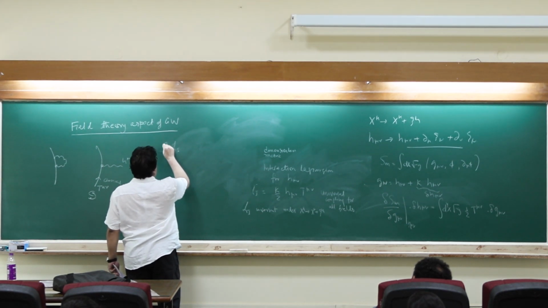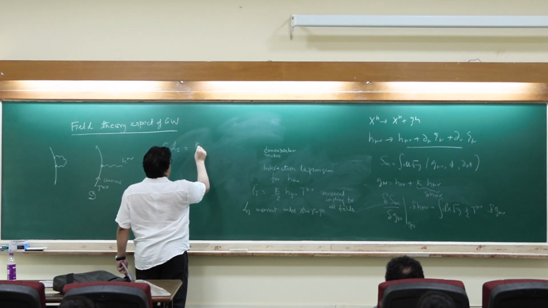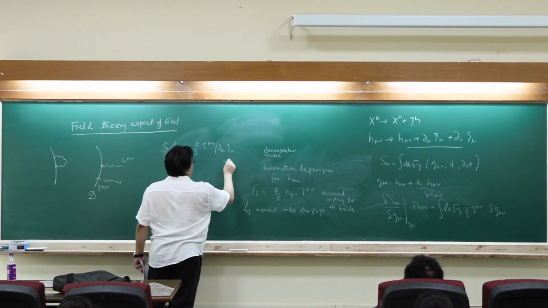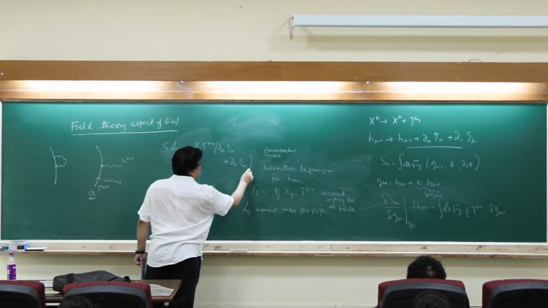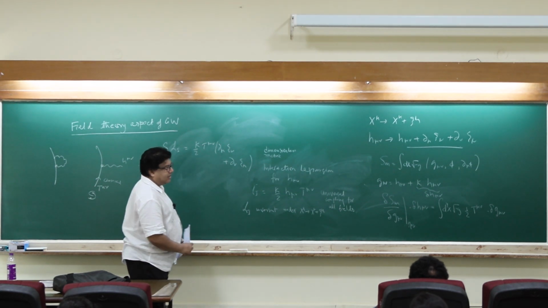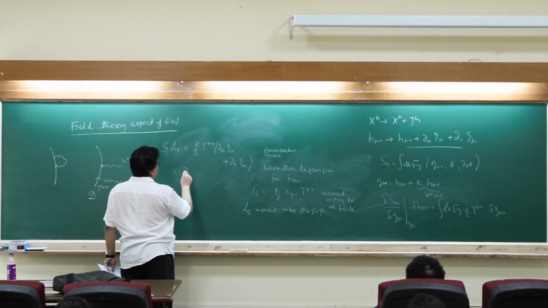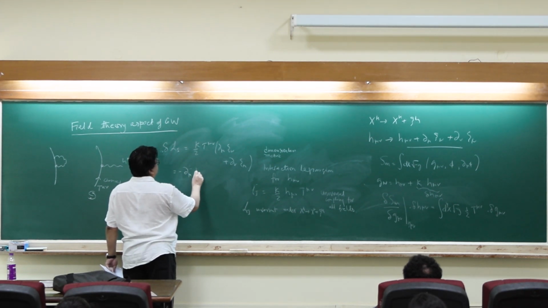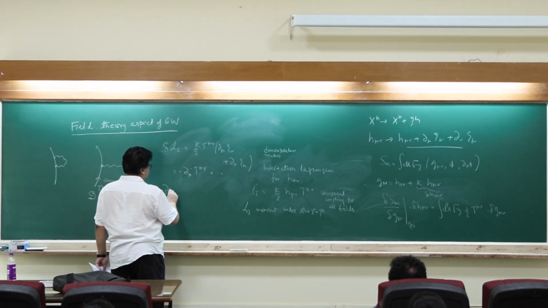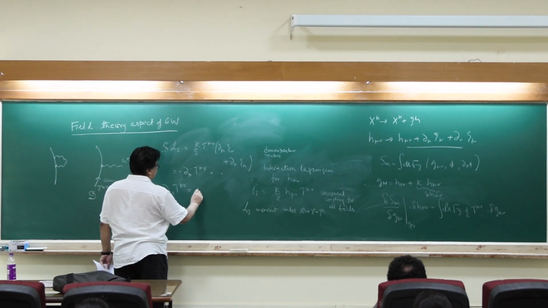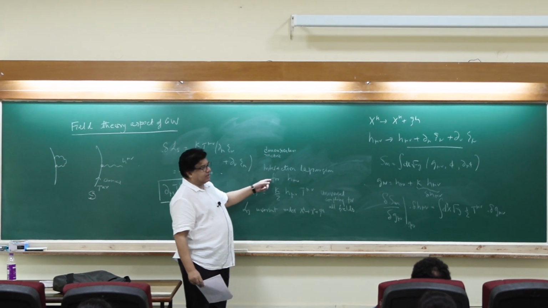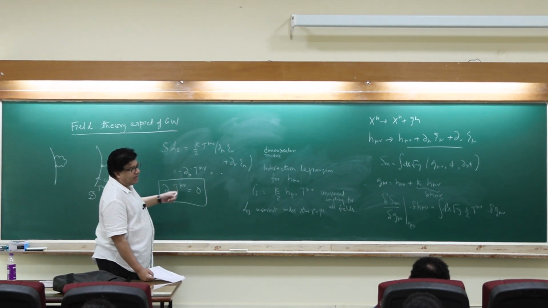So delta L will be something like kappa by 2 T mu nu d mu xi nu plus, when you make a transformation. And you want these extra terms to vanish, which means you integrate by parts, and this will give you etc. And this means that you want del mu T mu nu to be 0. So invariance under that symmetry means that your T mu nu has to be of this form.